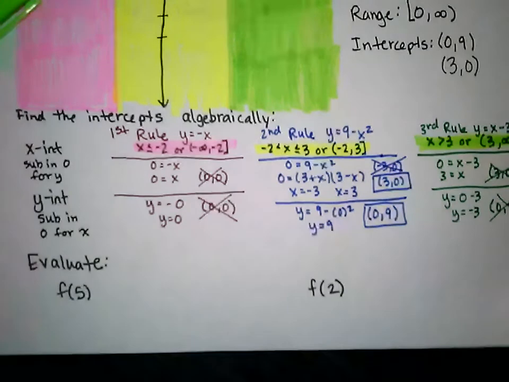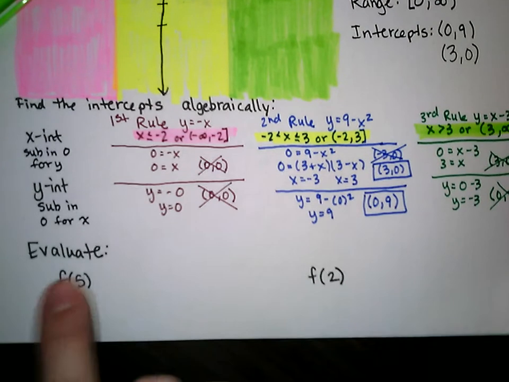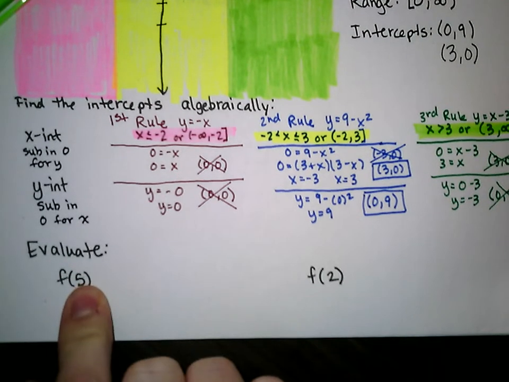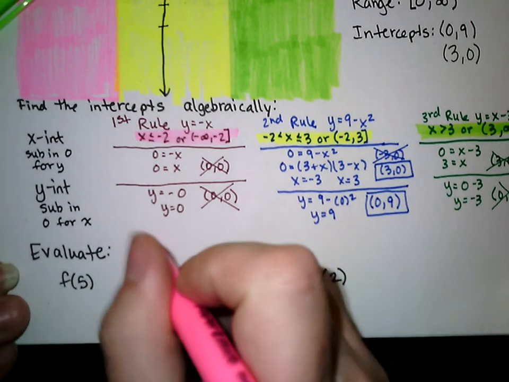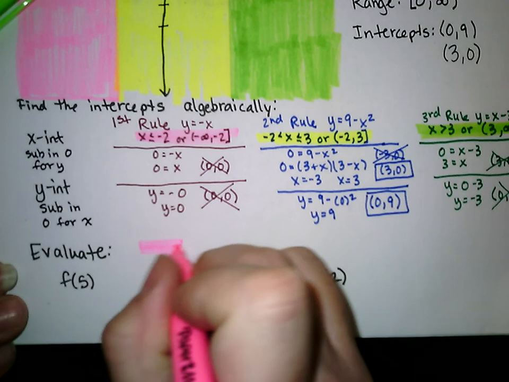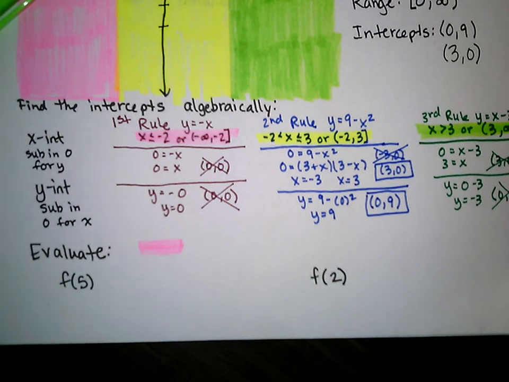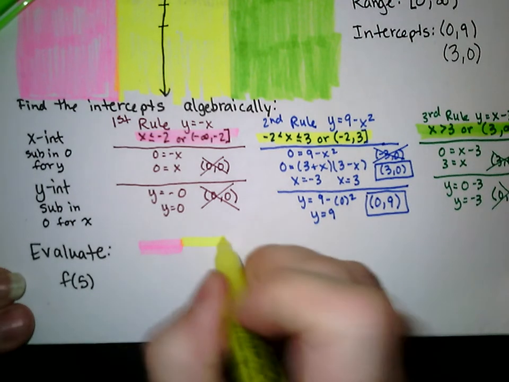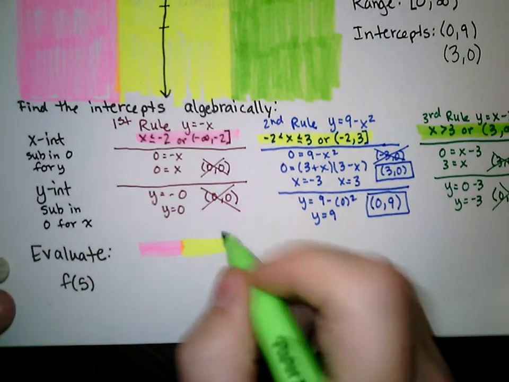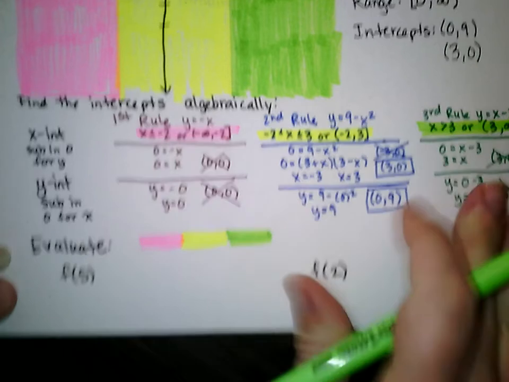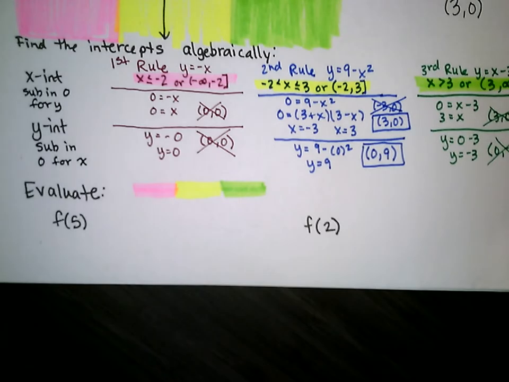We can also evaluate this function for different x values, but we're not going to actually plug that number into all 3 of the rules. We just need to look at which interval each one belongs to. So if we look at our 3 zones, I'm just going to draw a little mini zone here.